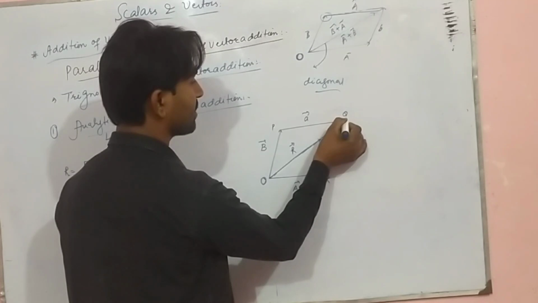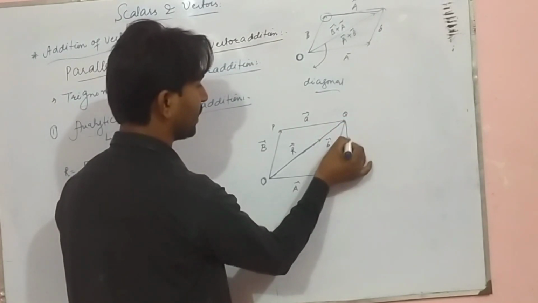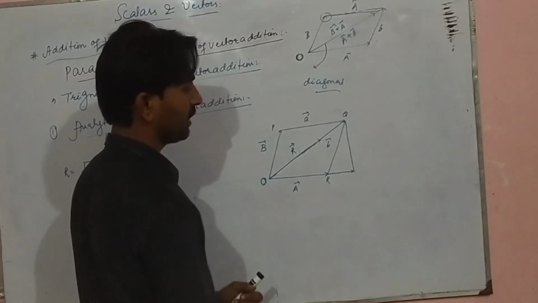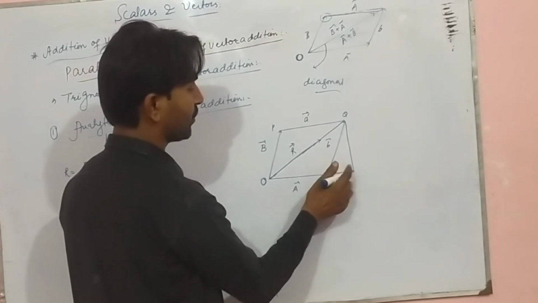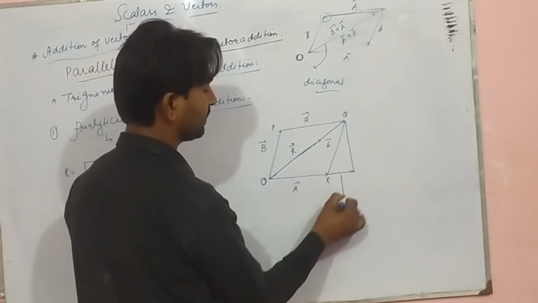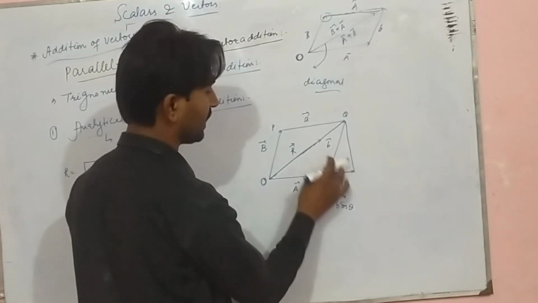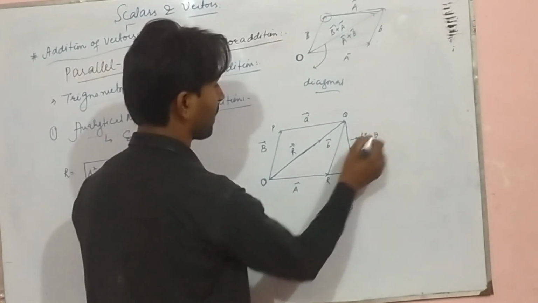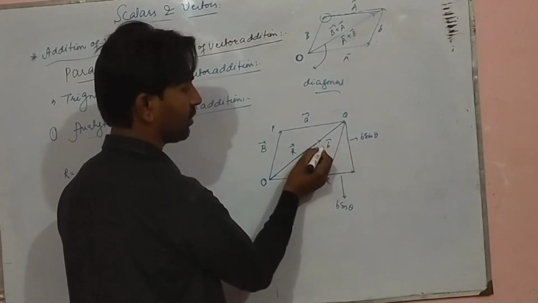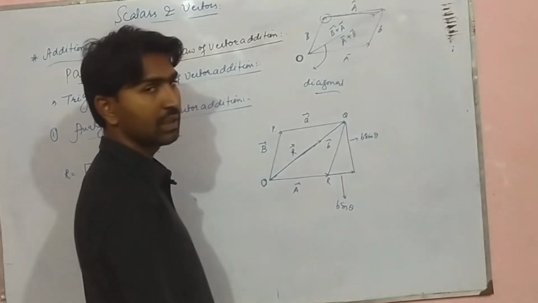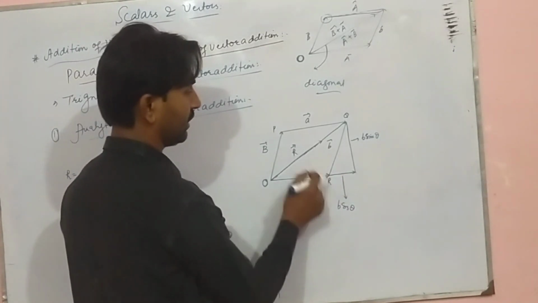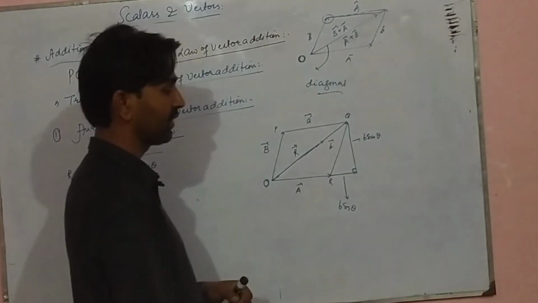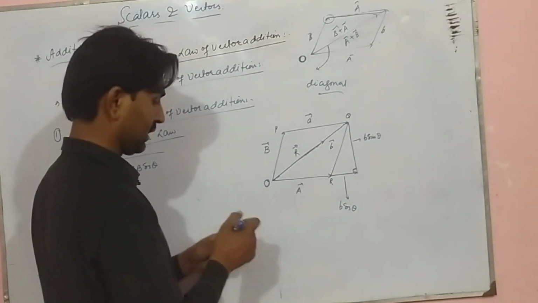So by resolving it, let's say by making a perpendicular line, and this is also the axis, this component will be B cos theta, the horizontal component, and this will be B sin theta, the perpendicular component of vector B. Okay, this is the angle between these two rectangular components, B cos theta and B sin theta.